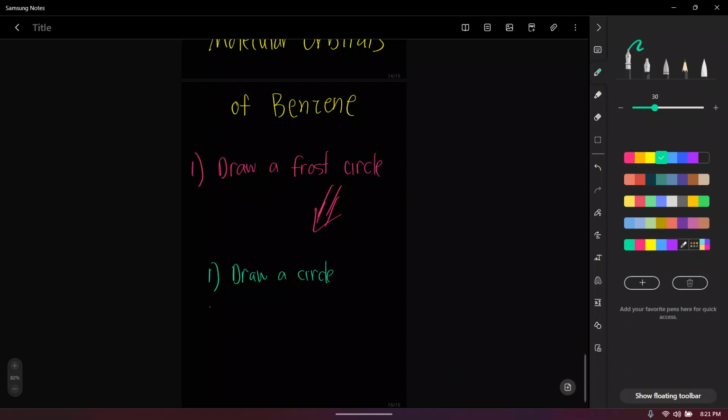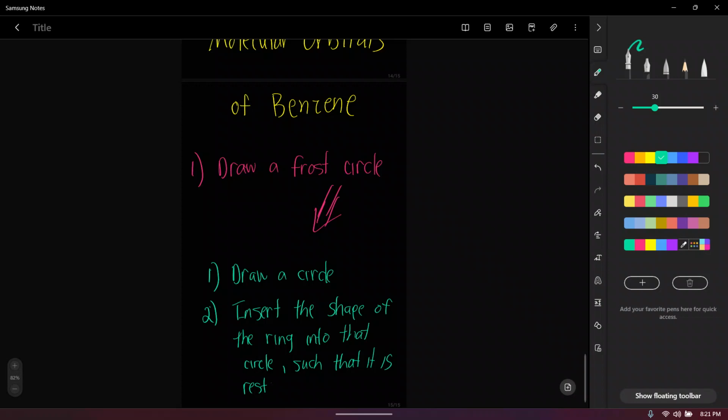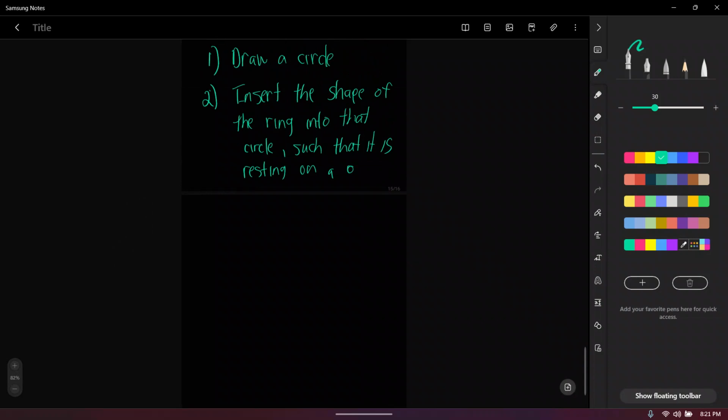And then what you're going to do is insert the shape of the ring into that circle, such that it is resting on a point. It cannot be flat, so we're not resting flat.